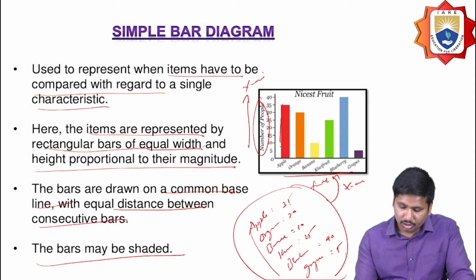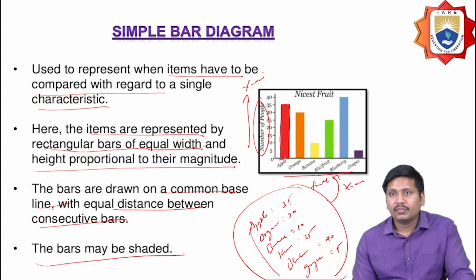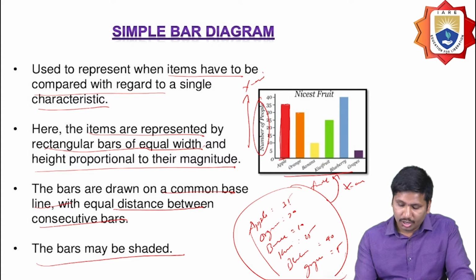So I have to draw a rectangular bar of equal width up to 35, and orange should be around 30, so I draw the bar corresponding to 30. Next banana is around 10, so up to 10 I have to draw it.